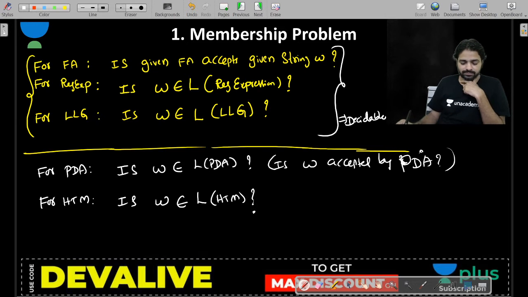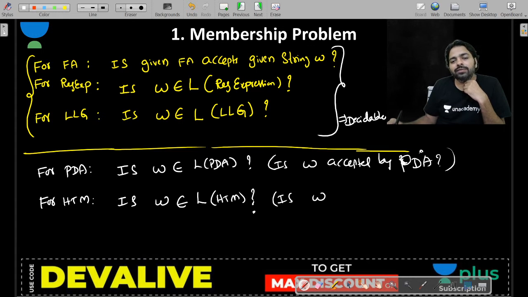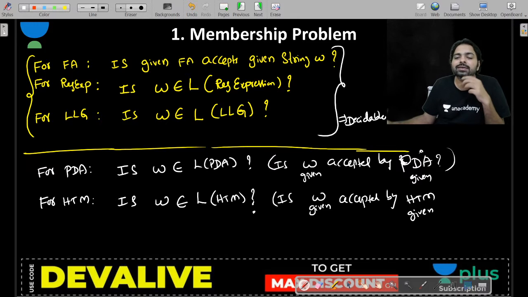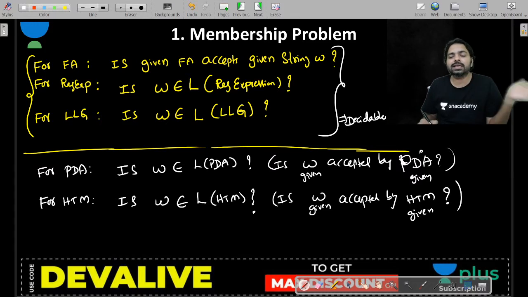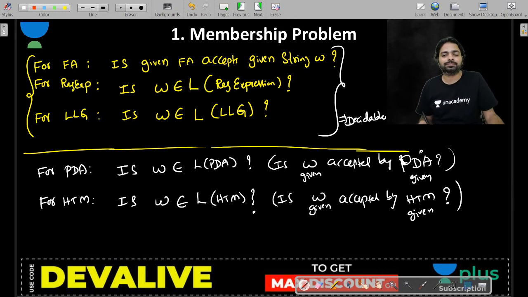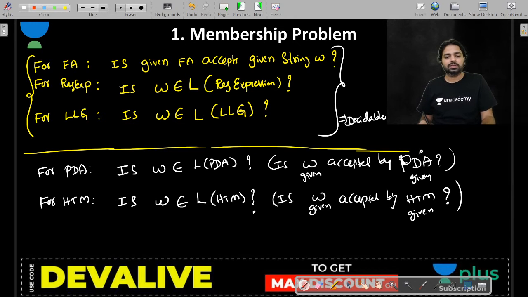The string W is given, remember that. The machine is also given, that is the HTM. Both are given: the string is given, the HTM is given. Is that string accepted by that given HTM?